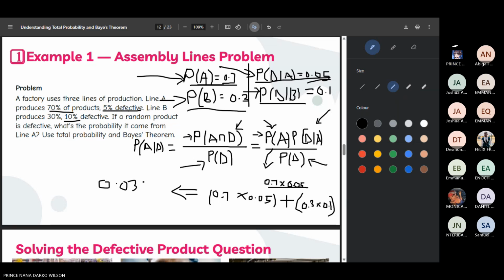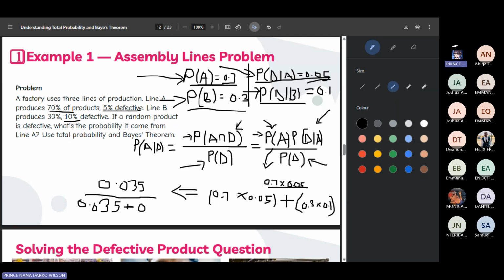And the numerator, 0.7 times 0.05, is still the same as 0.035. It's the same as the numerator, as you can see, right? That's added to 0.3 times 0.1, which gives us 0.03.